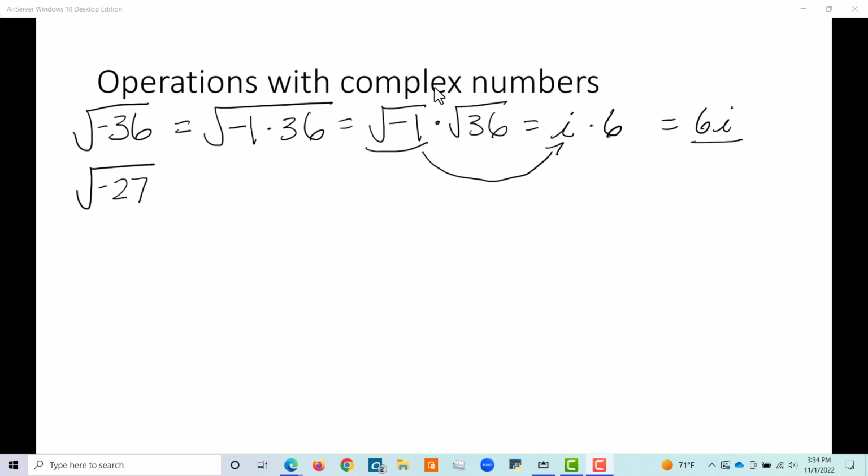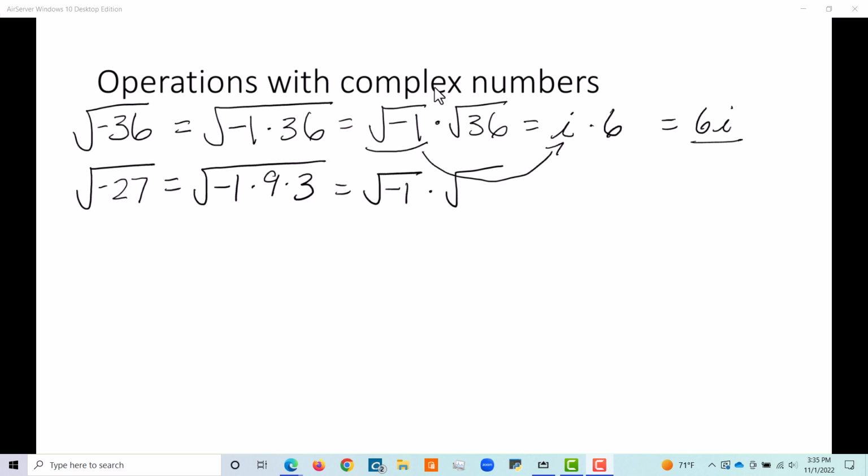The square root of -27, in its current form, we cannot work with it. Again, we want to simplify, get the negative out from under the radical. Factor out the -1. Then you may remember, on simplifying radicals, you want to factor the number into something that's a perfect square and another number. I can factor 27 into 9 times 3.